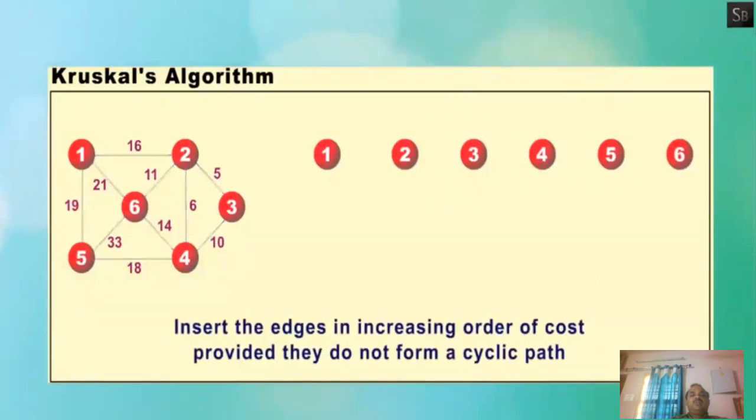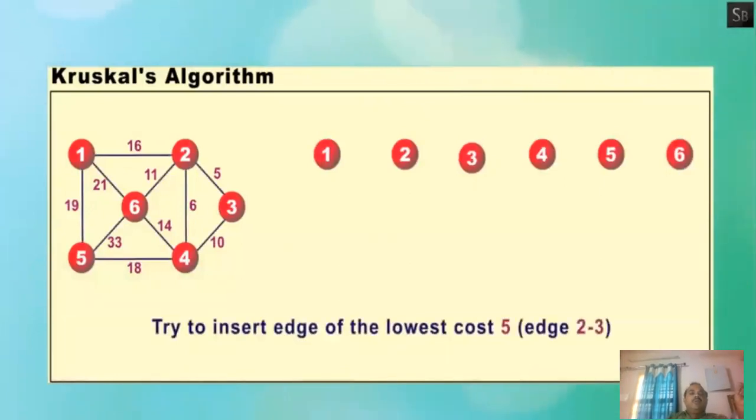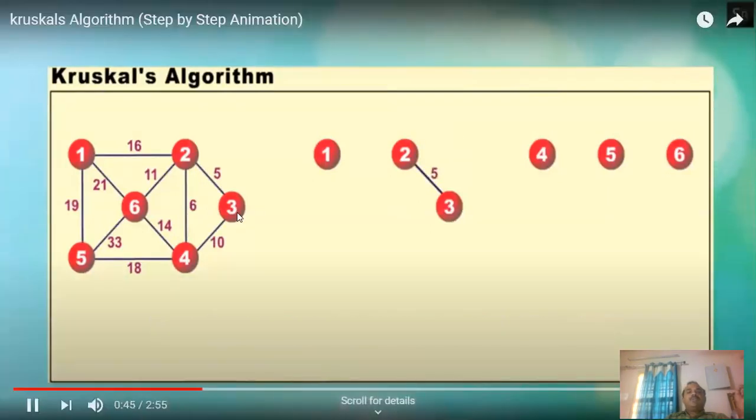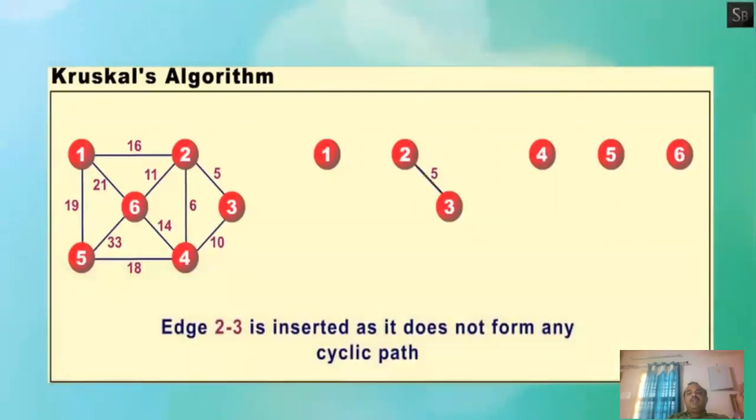Insert the edges in increasing order of cost, provided they do not form a cycle. Try to insert the edge of lowest cost, 5, which is 2 to 3. 2 to 3 is inserted as it does not form any cyclic path.